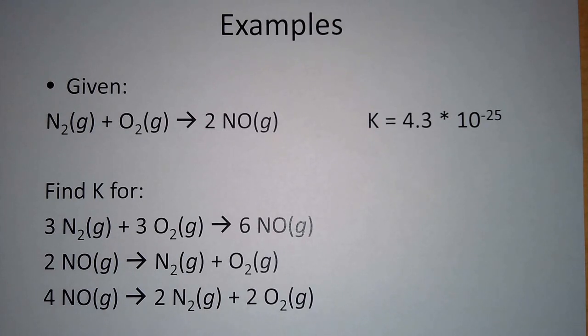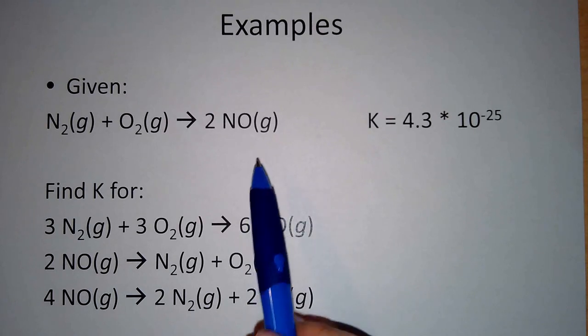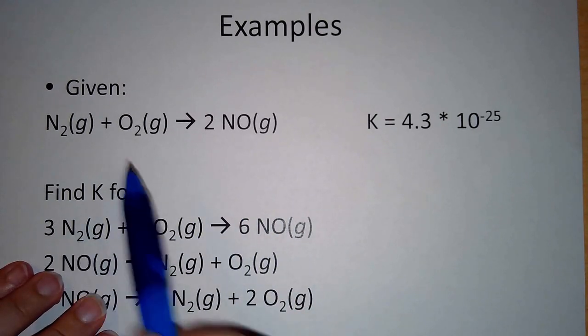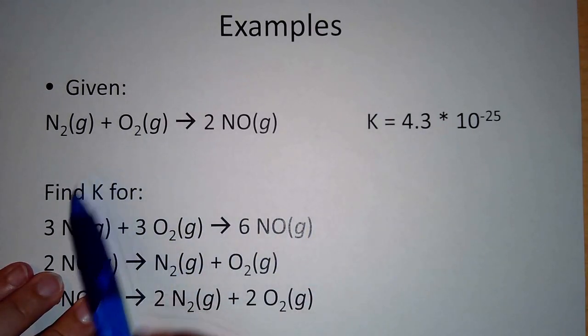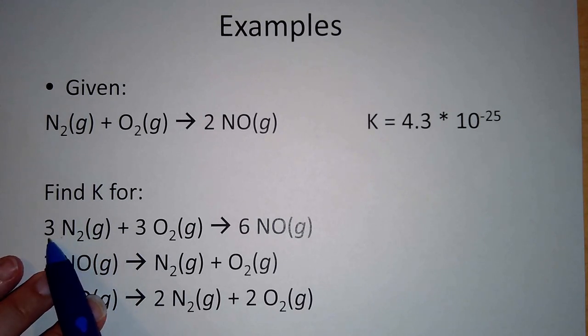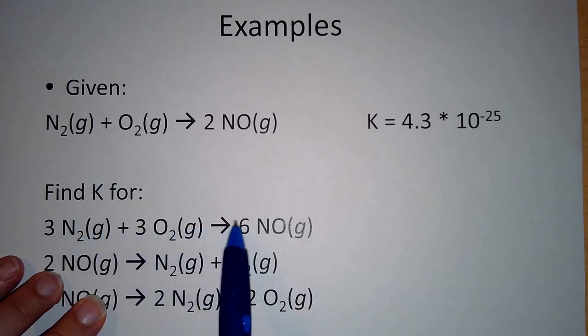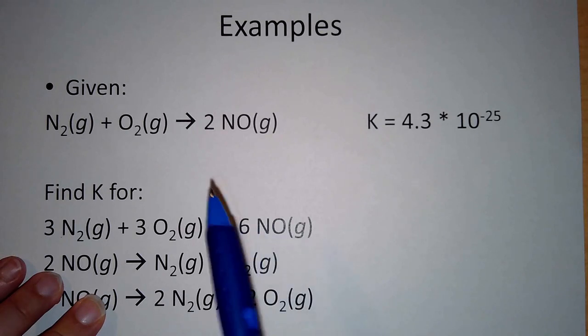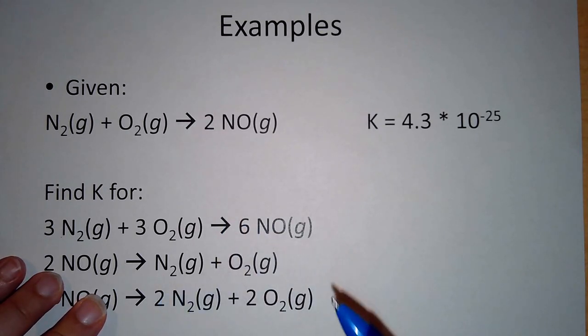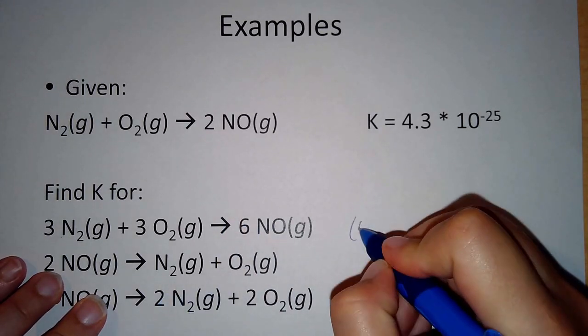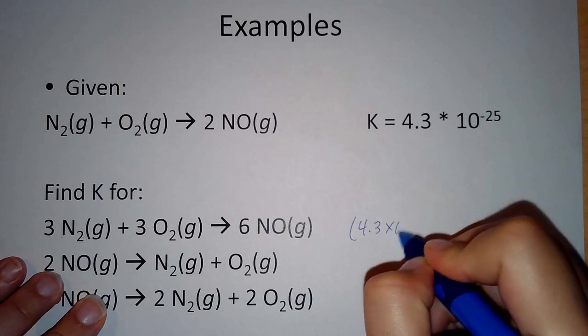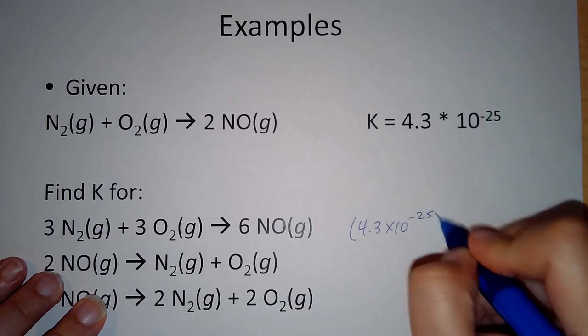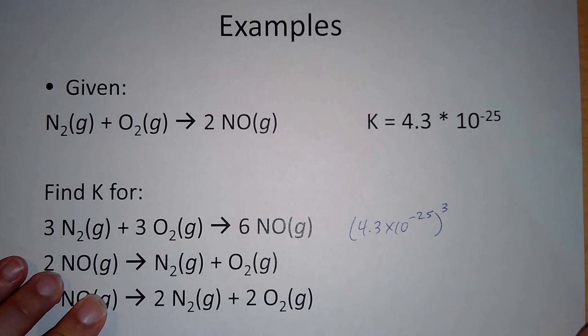Alright, so let's look at the first manipulation. So compared to this one, in our first example, everything is multiplied by 3. So multiplying by a cofactor means we take the value of the K and raise it to that value. Alright, so if everything is tripled, that 3 becomes the exponent.